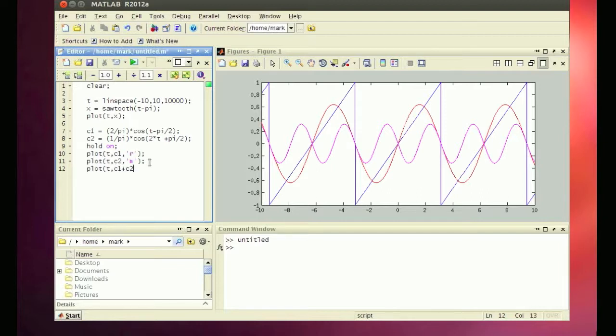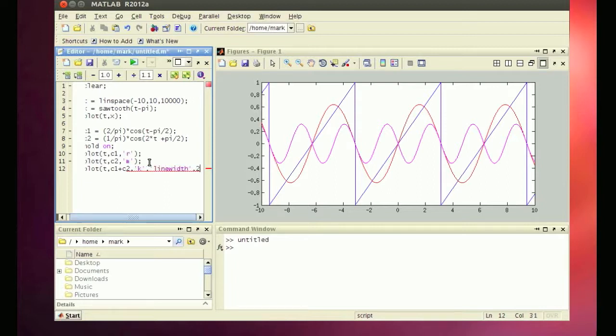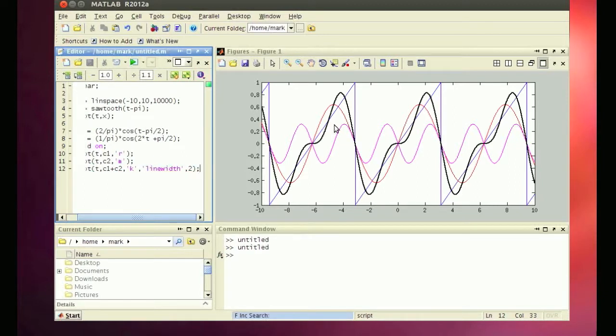Isn't that neat? Okay, look at what just happened. I added the red and the purple signal together, and all of a sudden, I get something that's asymmetrical, in the exact same way that my sawtooth is asymmetrical. And furthermore, now we can start to see the wisdom. Some of you were complaining that my red signal only had an amplitude of 2 over pi.